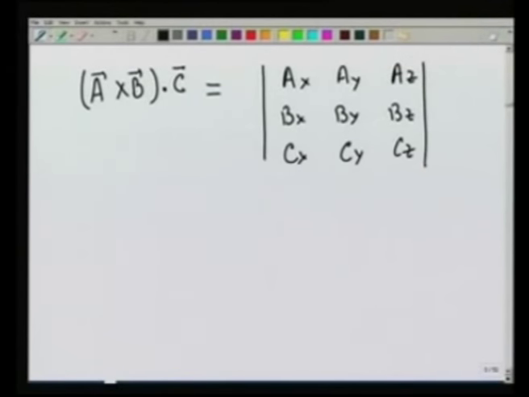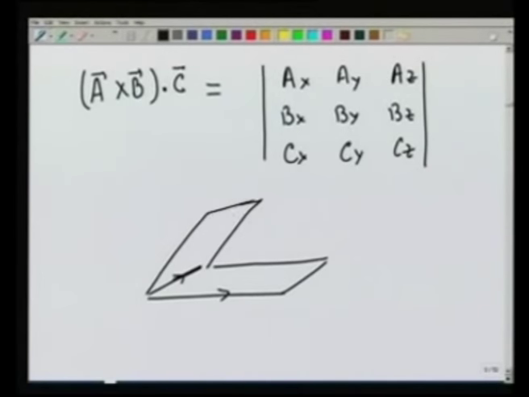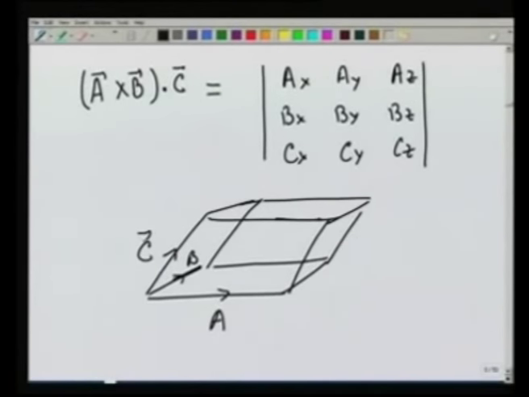Its value is equal to this, and this has a geometric interpretation of, if I form a parallelepiped by vectors A, B and C, it is the volume of this parallelepiped. So, that is the geometric interpretation.